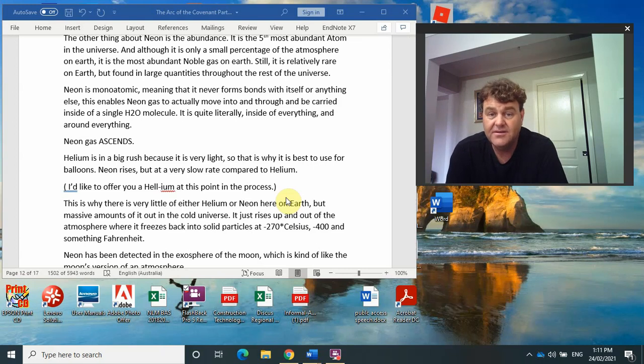I had this thought and would like to offer it, that the word helium could quite easily be neon. It's an interesting thing to contemplate. This is why there is very little of either helium or neon on Earth. But there are massive amounts of them out in the cold universe, because the gas rises up out of the atmosphere where it freezes back into solid particles.